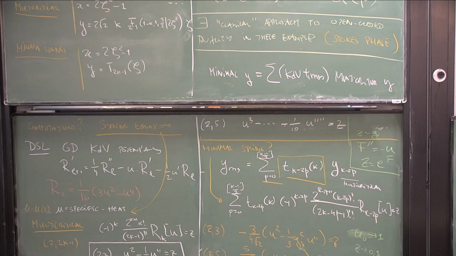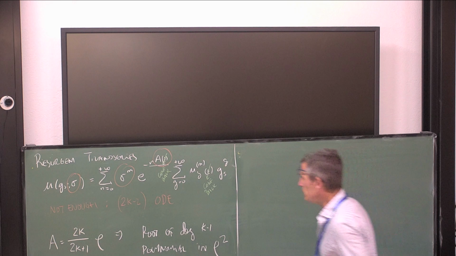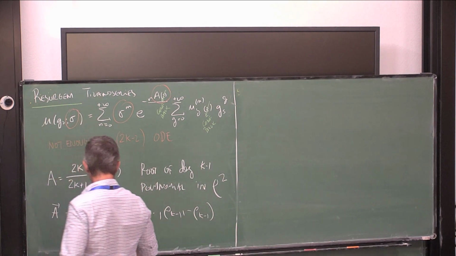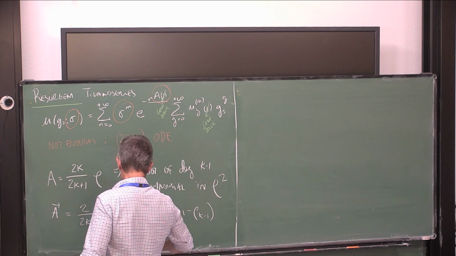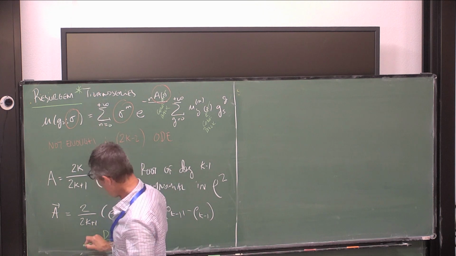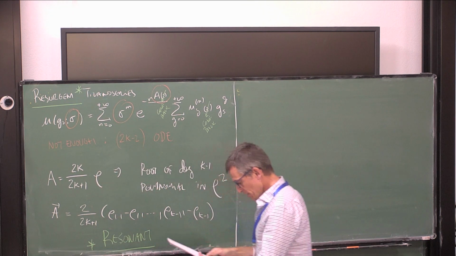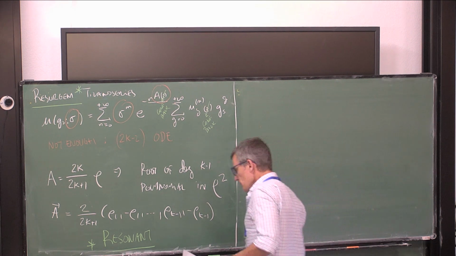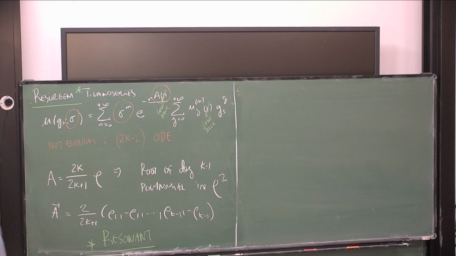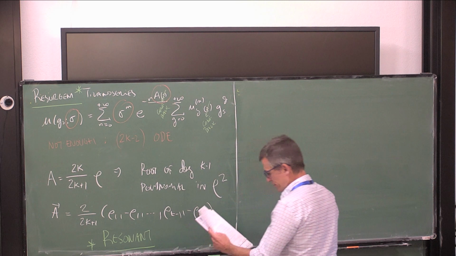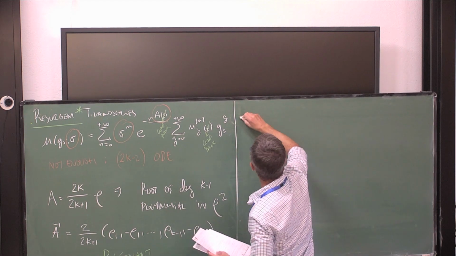I apologize. All right. So what we're expecting is not only that we get a resurgent transseries, but that we get the resonant resurgent transseries. All right. So let me give you a schematic example of what the resonant transseries would look like for two parameters. It would be something that would look like that.